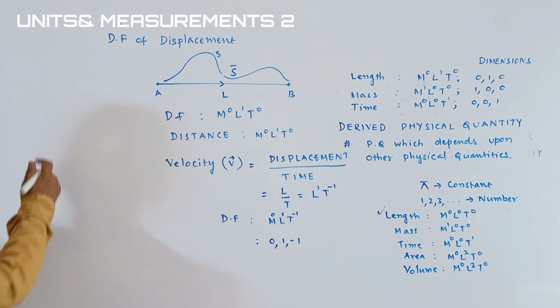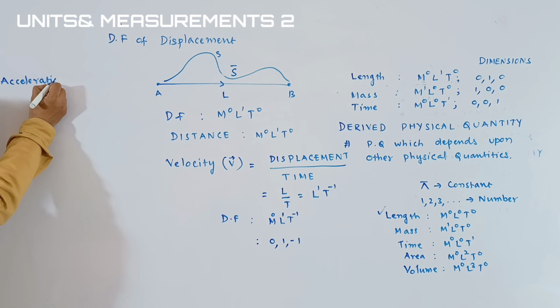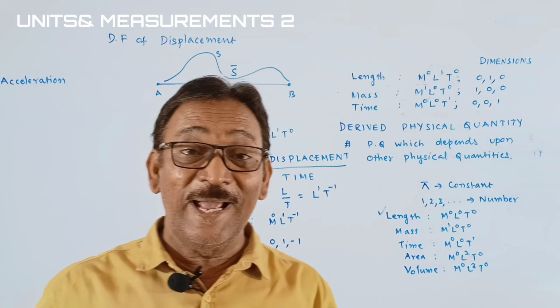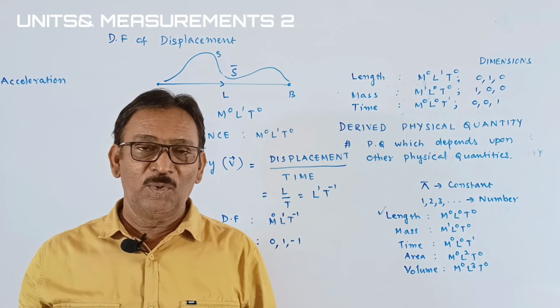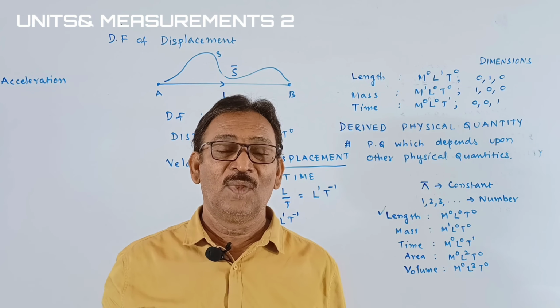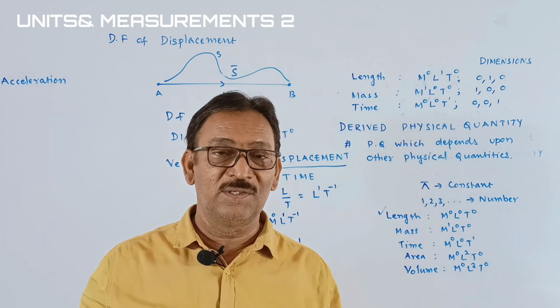Then we go with acceleration. Did you experience acceleration in your life, students? Generally, we go through acceleration in daily life. Vehicles are provided with accelerators. What is the accelerator? It increases the speed of the vehicle, students.